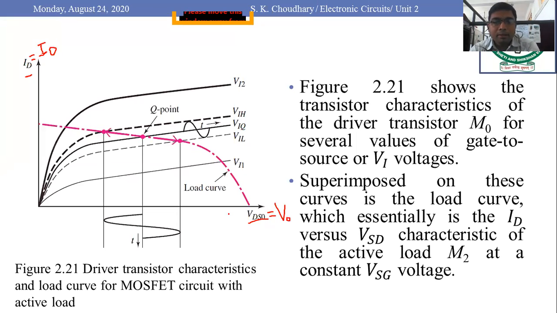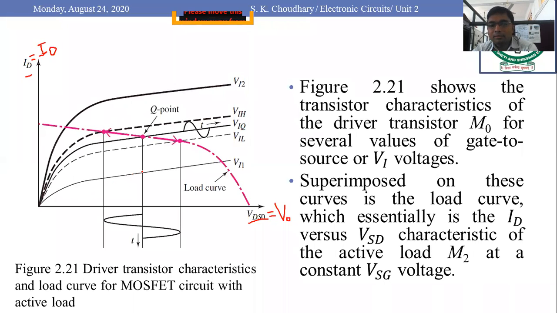Now, here the input voltage is Vi, so we have taken different values of Vi, starting from Vi1 up to Vi2. In between there are several values of Vi taken, like VIL, VIQ, VIH, and for different values of input voltage you get different values of ID.